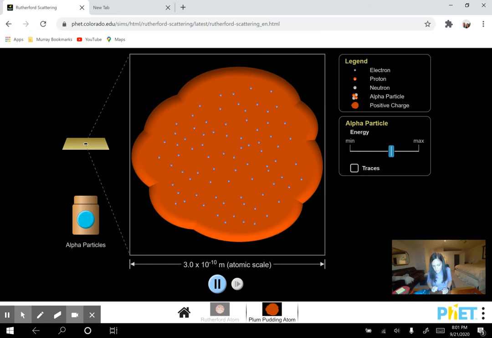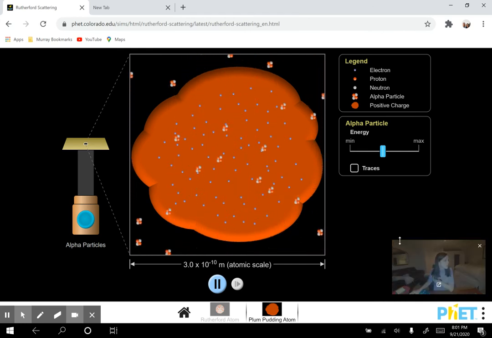So we're going to do the same thing with the plum pudding model, although we can't change the number of protons and we can't change the number of neutrons, we can change the energy level. So I'm going to keep it here about in the middle. We're going to start with the alpha particles and see how those go through the plum pudding model that J.J. Thomson proposed.